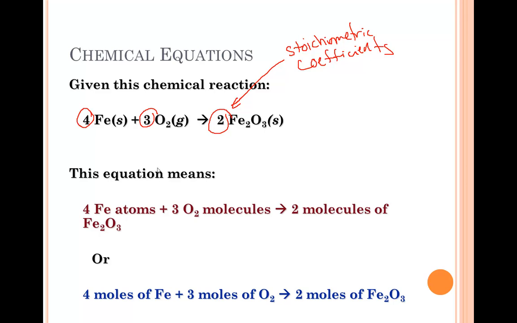So when we're reading this chemical equation, the left-hand side are the reactants. Those are our starting materials. Our right-hand side are the products. That's what we're going to end up with. So you can read this in a couple different ways.